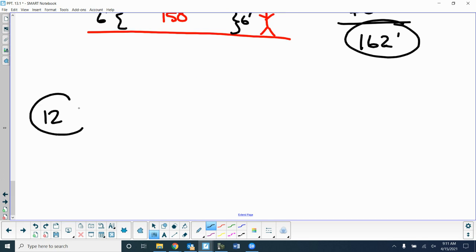Last one. We got a pilot of a helicopter measures the angle of depression to the landing spot to be 18.8. Right, so up here is the helicopter. That angle of depression to the landing spot is this one.